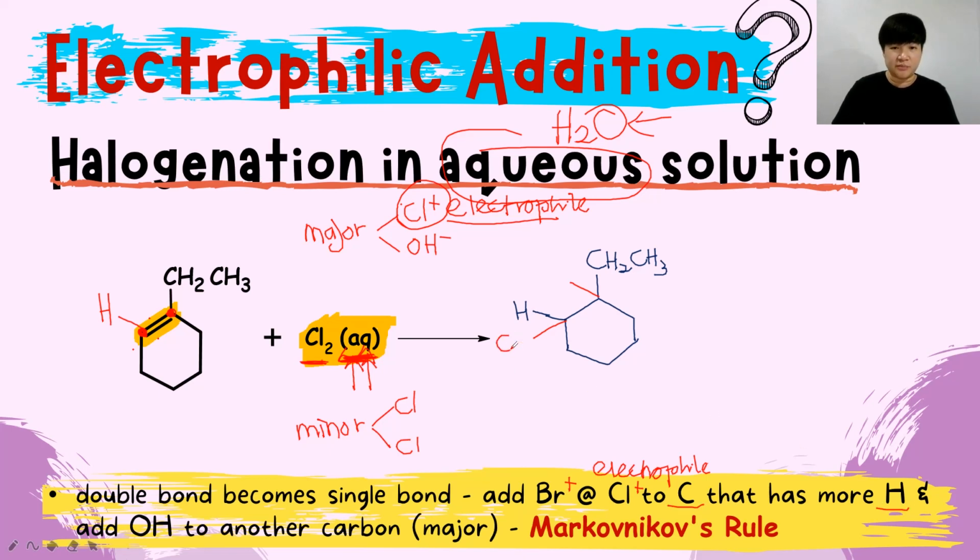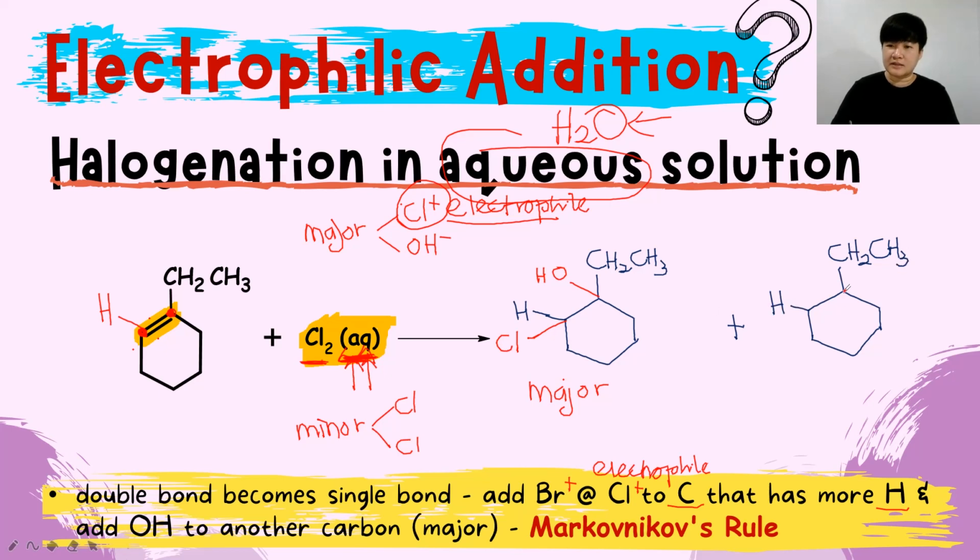So your Cl positive will be coming into this carbon. Vice versa, the OH minus will be added to the other carbon. That will produce your halohydrin major product. Since we have the major, we definitely have the minor, and your minor product shall look something like this.